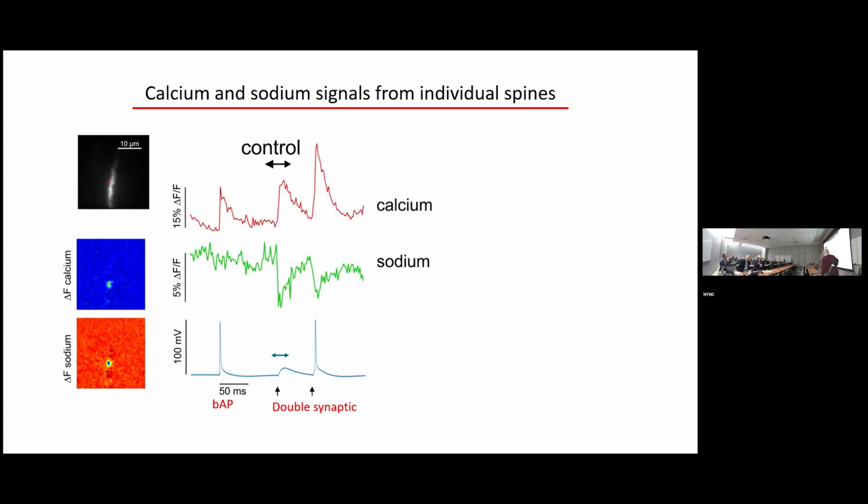You can see a calcium change from the back propagating action potential, but no sodium change in the dendrite. But synaptically, we see a very clear sodium change. So this lack of sodium change from the back propagating action potential is not because of a lack of sensitivity. We can prove that in a number of different ways.